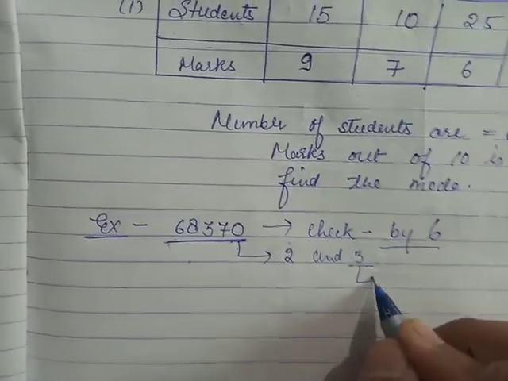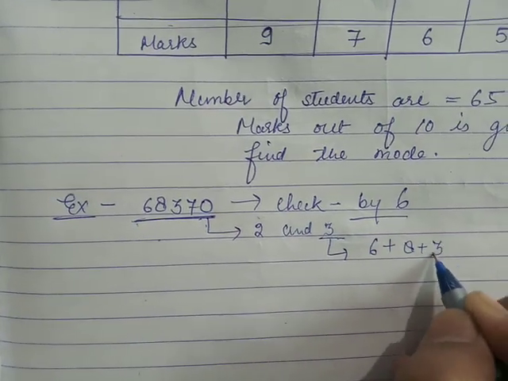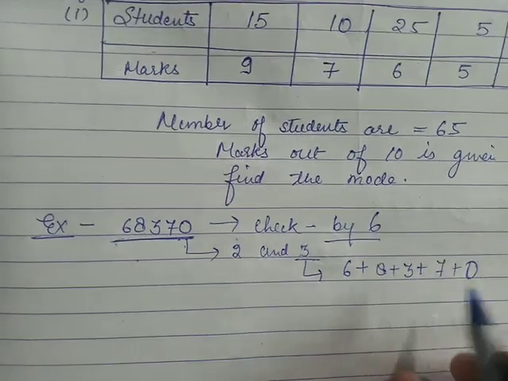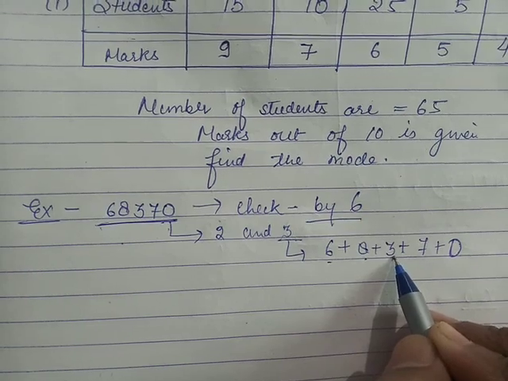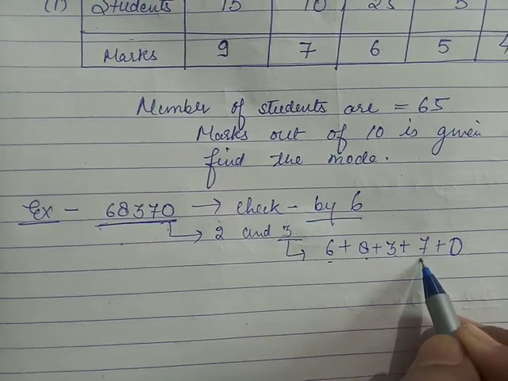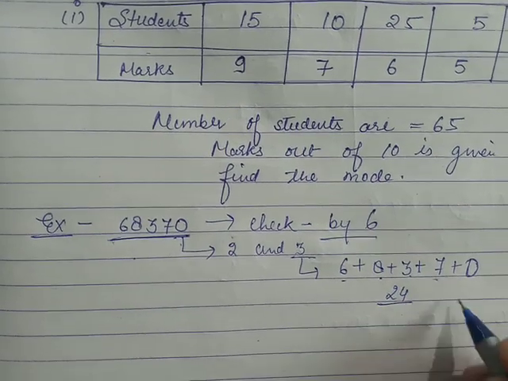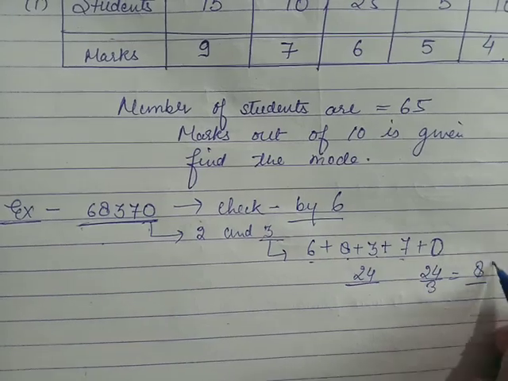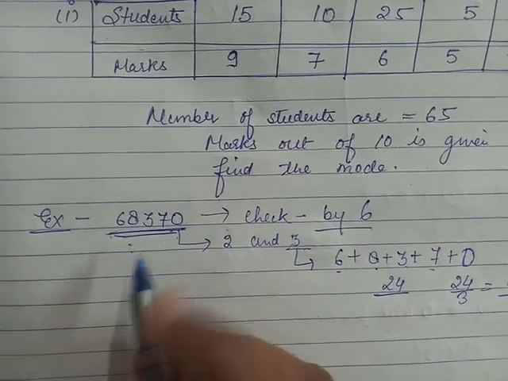Let's see for 3: 6 plus 8 plus 3 plus 7 plus 0. So 6 plus 8 is 14, 14 plus 3 is 17, 17 plus 7 is 24, and 24 is divisible by 3, 8 times. So this number is divisible by 3.